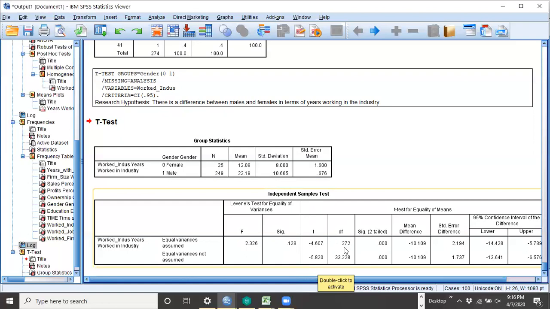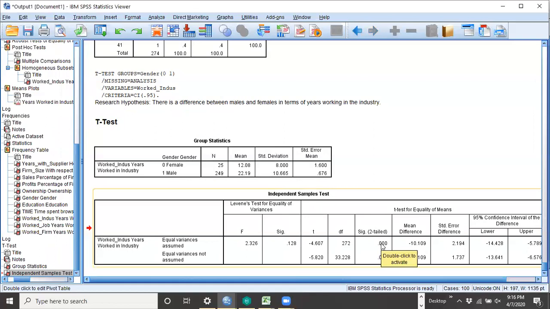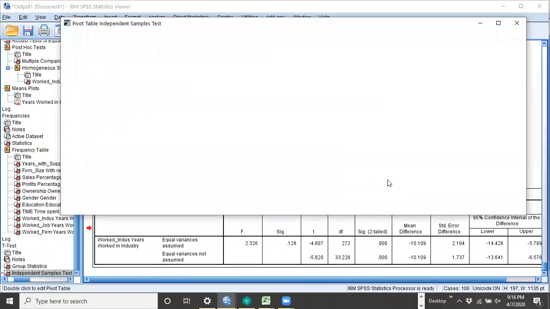The degrees of freedom are 272, and the p is 0.00, which is never 0, so we double click.